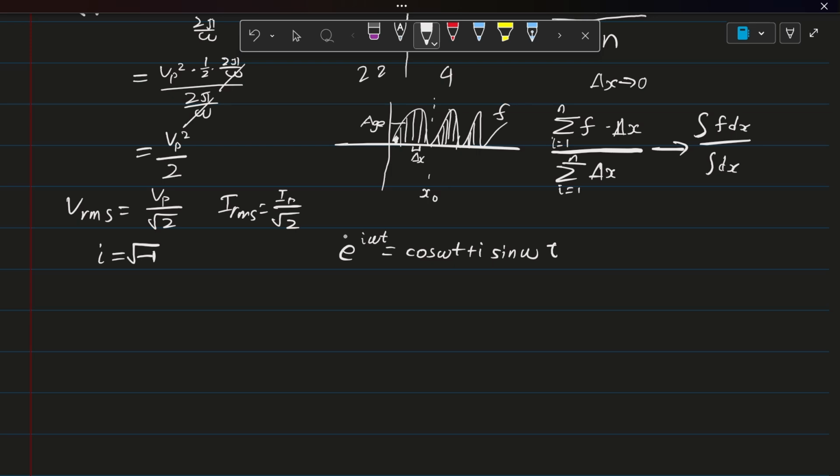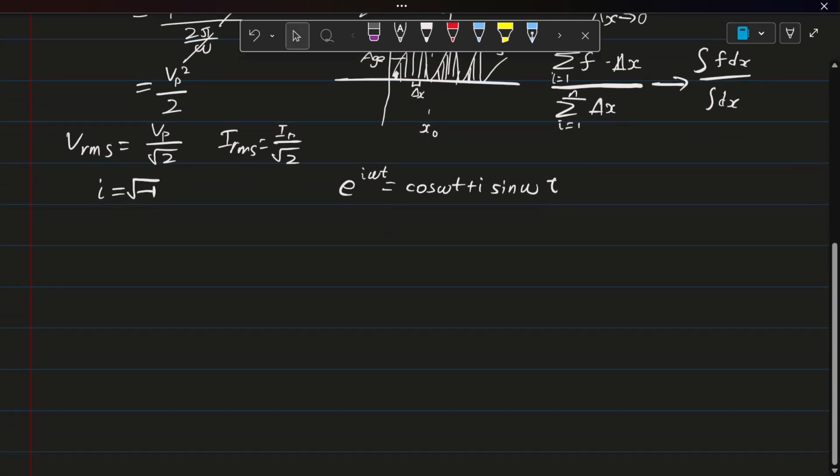So why do I want to introduce this concept first? The idea is that you could actually only look at the real part of this complex number, in which it could represent your actual model or your physical object.